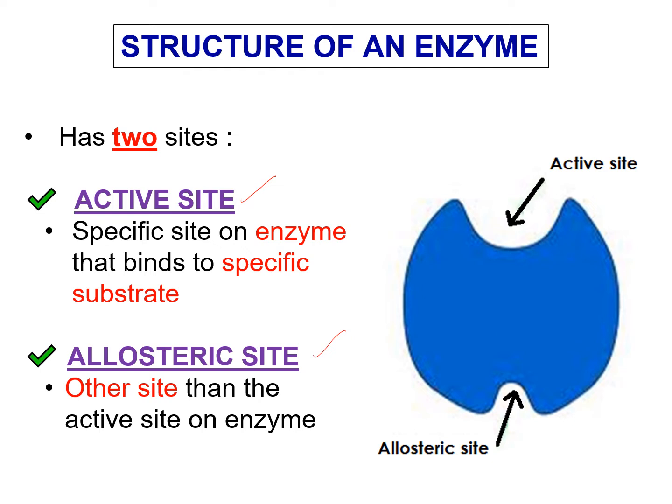It is a specific site on the enzyme that allows a specific substrate to bind to it. So active site is for the substrate to bind, while allosteric site is another site other than the active site on the enzyme. So another substance will be bound to the allosteric site.